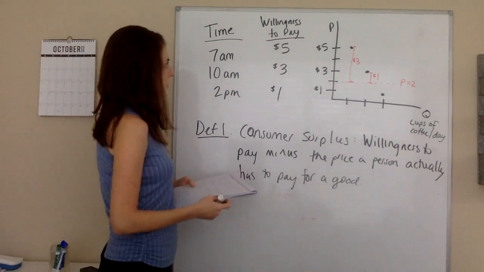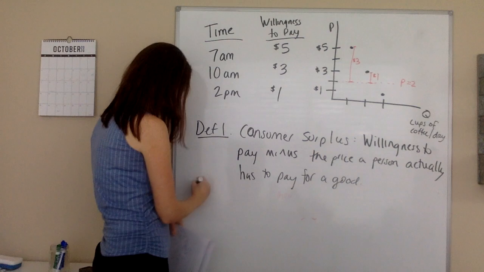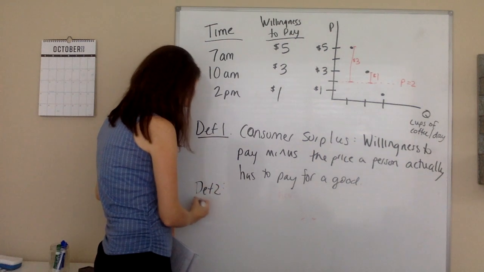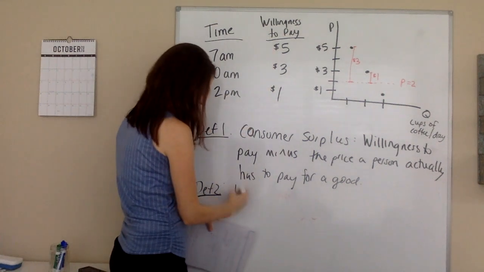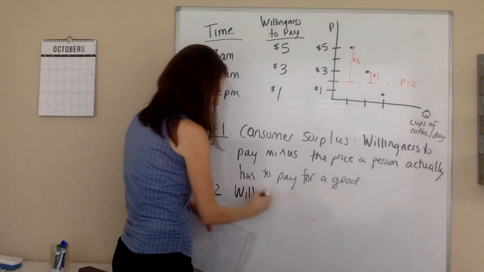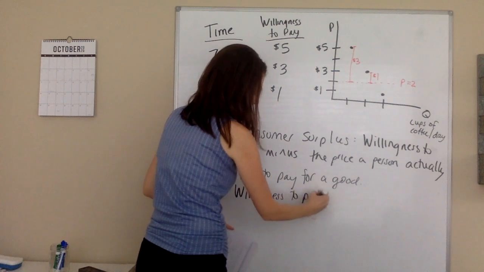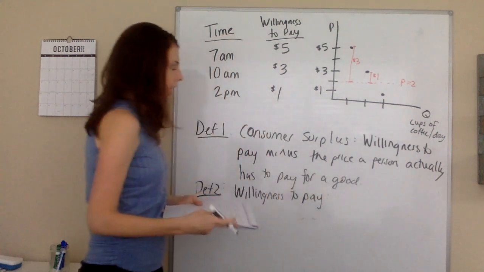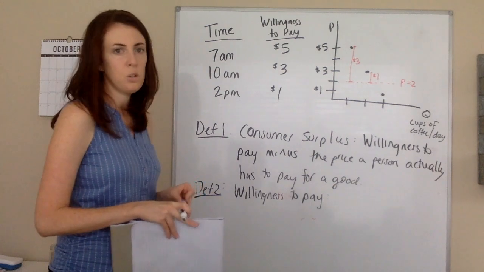The second definition, which I'm doing in backwards order, Def 2, is the definition of willingness to pay. Again, hopefully it's intuitive what it is, but in case you're trying to say this later and you forget, let's just write it out. Willingness to pay is going to be the maximum amount that a buyer is willing to pay for a good.